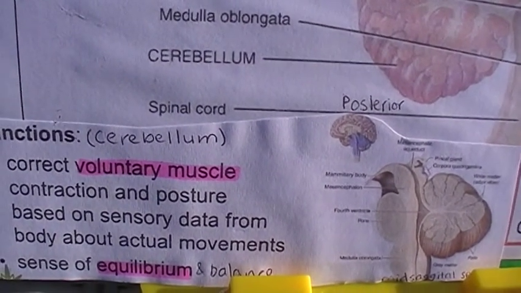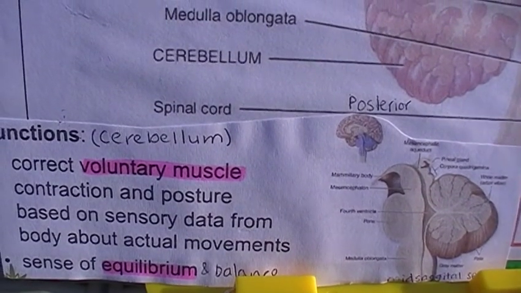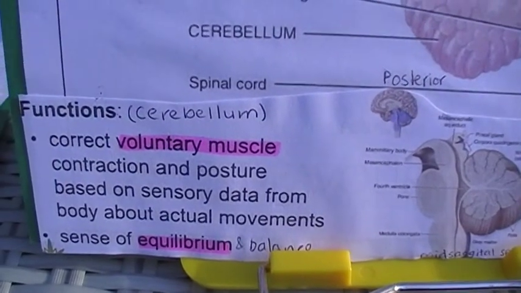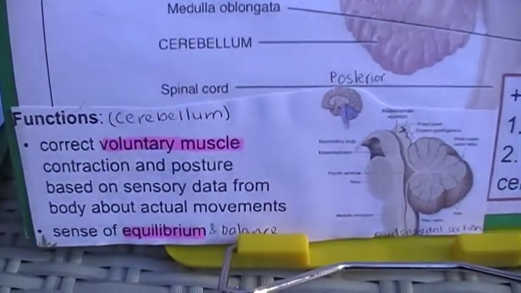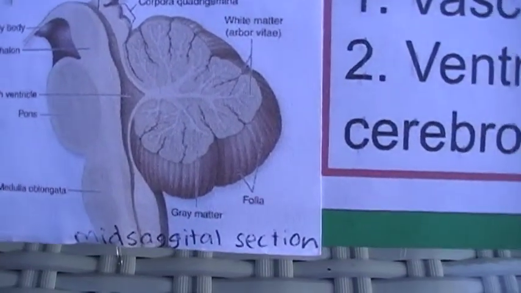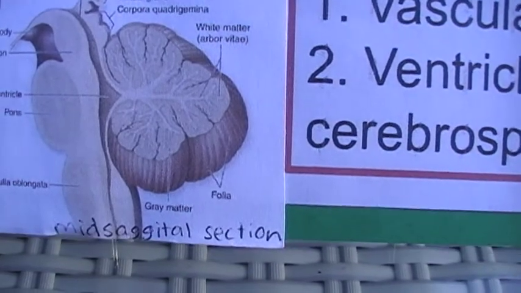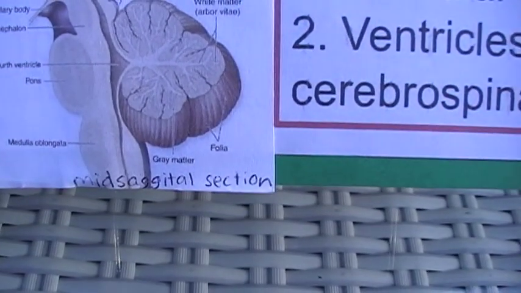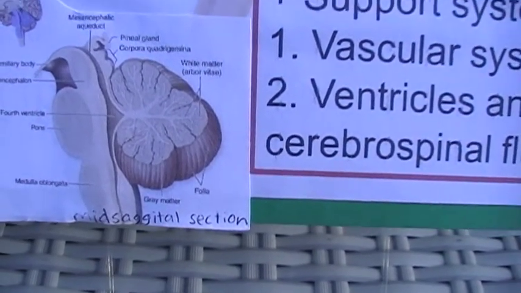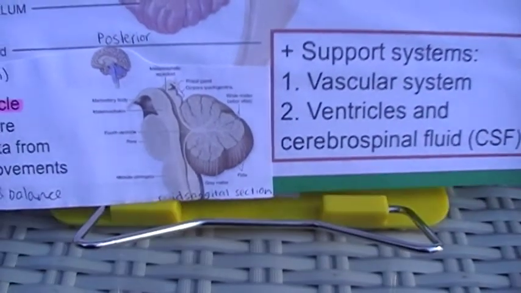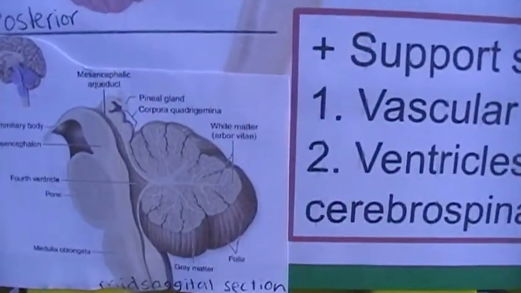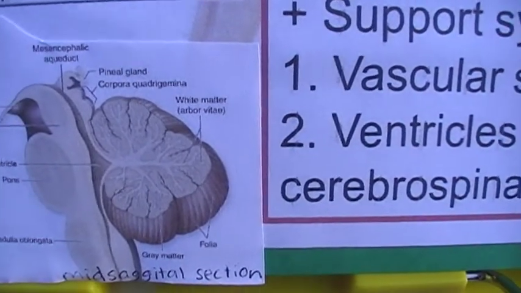The cerebellum corrects voluntary muscle contractions and posture based on sensory data from body about actual movements. It seems that grey matter is everywhere apart from right in the middle.